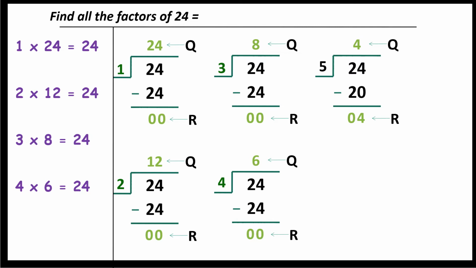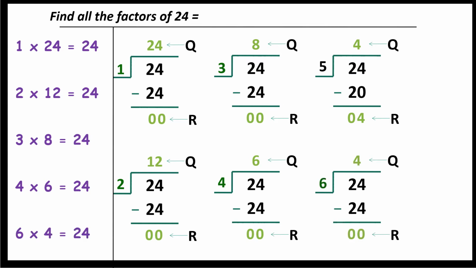But here the remainder is equal to 4. So 5 is not a factor of 24. So leave it. Then divide 24 by 6. We get quotient 4 and remainder 0. So 6 is a factor of 24 and write down 6 multiplied by 4 is equal to 24.